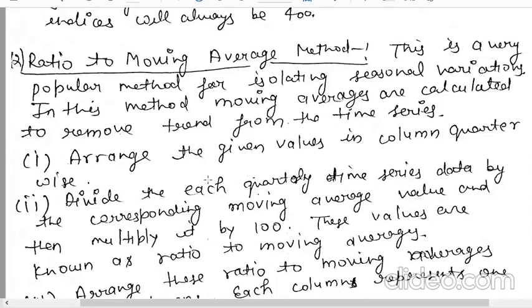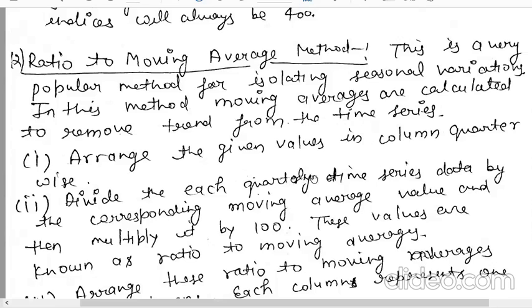So the first point is to arrange the given values in columns quarter-wise, meaning we arrange our values quarterly. Divide each quarterly time series value by the corresponding moving average value and then multiply by 100, right?